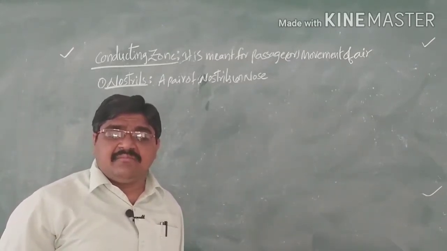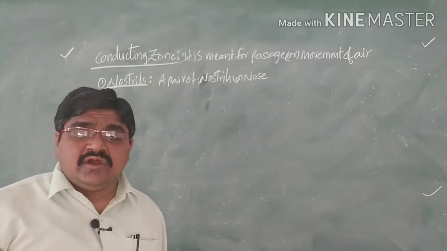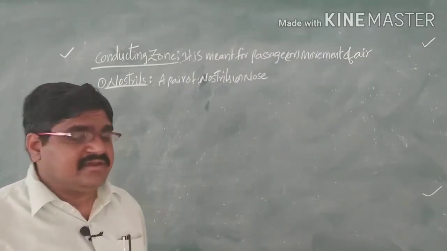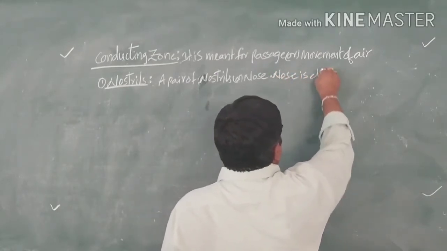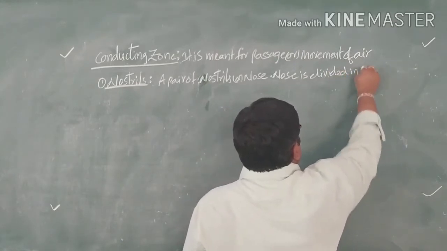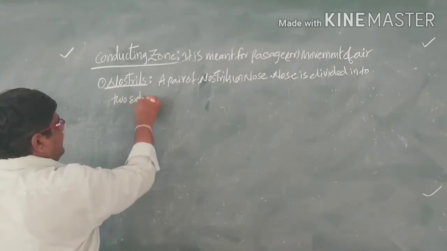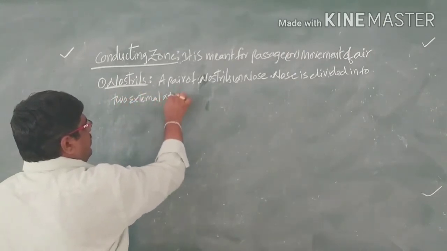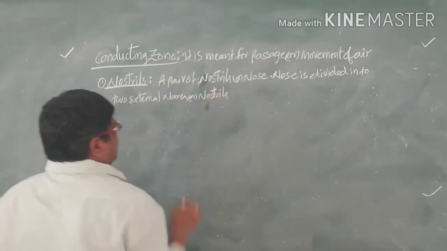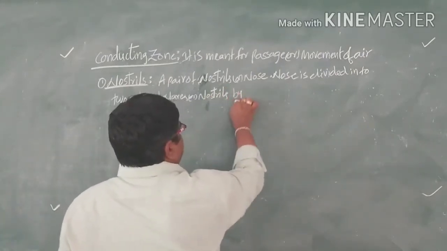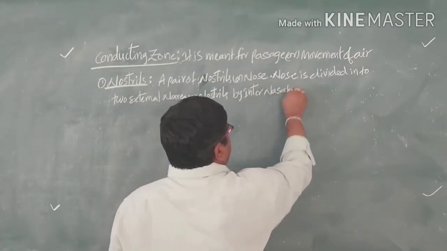The two nostrils are separated by the internasal septum. That is, the nose is divided into two external nostrils, two external nares, by the internasal septum.